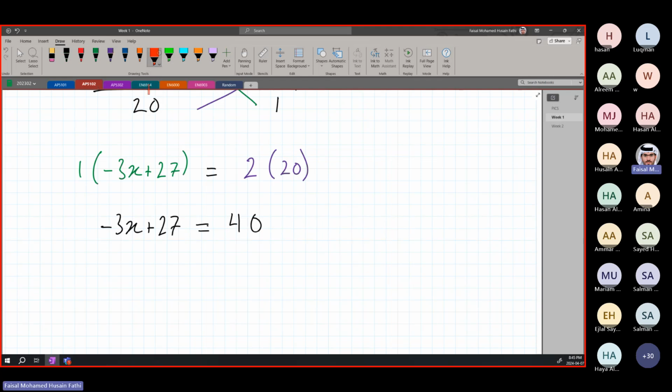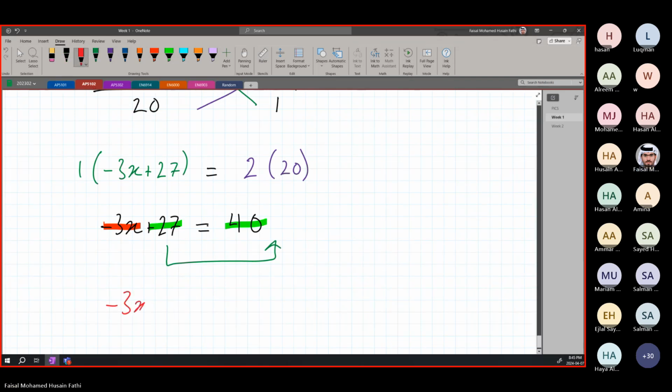And now again, the same concept: minus 3x is going to be by itself. The plus 27 and 40 are going to be grouped up together. So we're going to take the 27 to the other side. So this is going to be minus 3x is equal to 40. This is plus 27, so it will become minus 27 here.